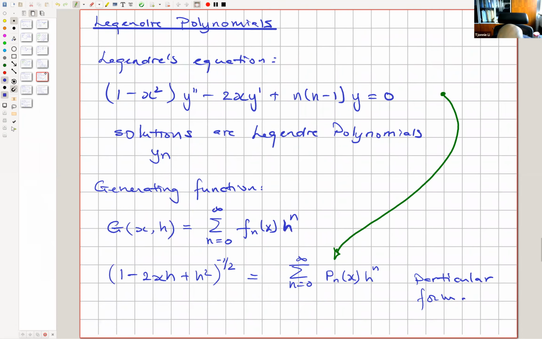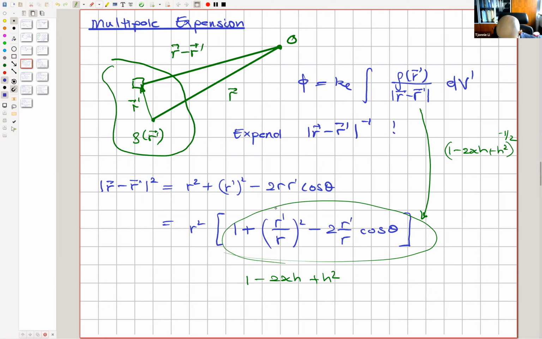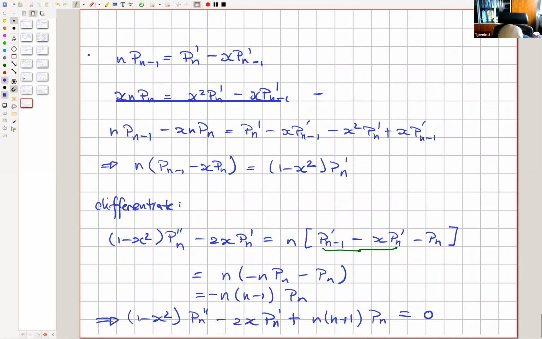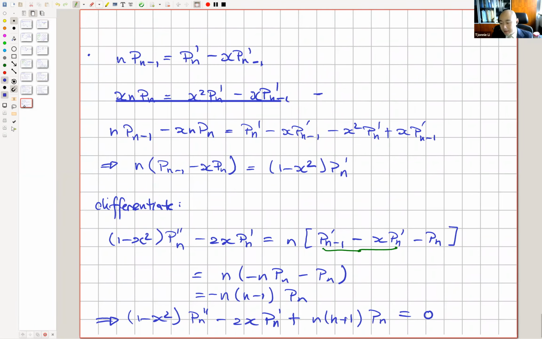I have a generating function of this form here, and I know this closed form, which is associated with doing this expansion, is of the form 1 minus 2xh plus h squared, that I can write in this form here, and that these PNs are indeed the Legendre polynomials. And then now it's simple. I just look them up in a book. These Legendre polynomials are all being calculated.